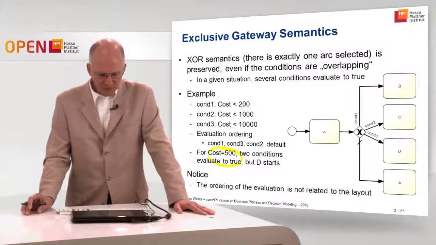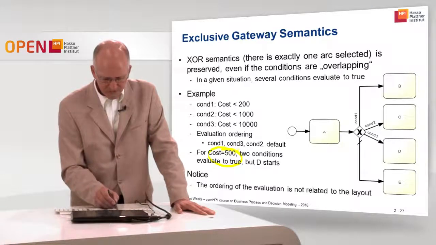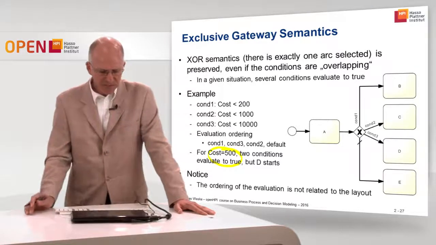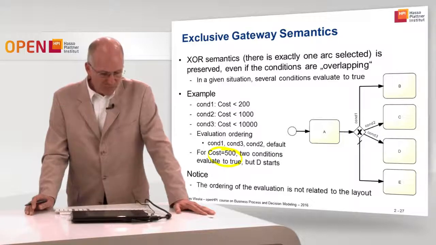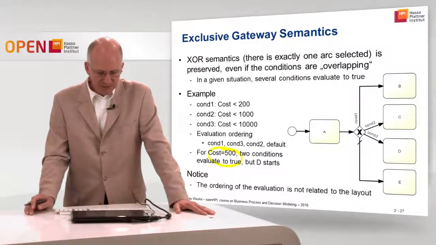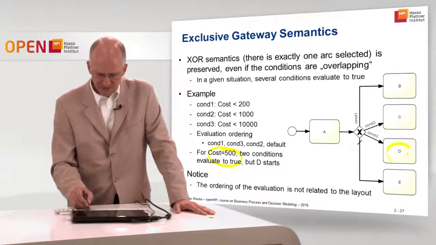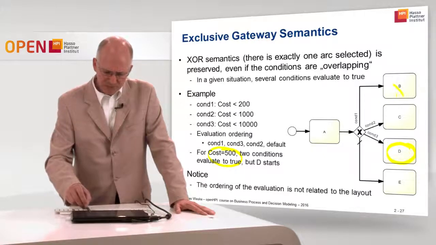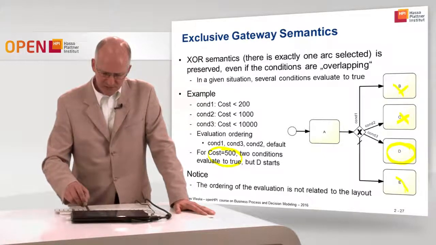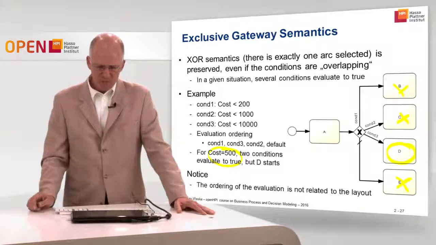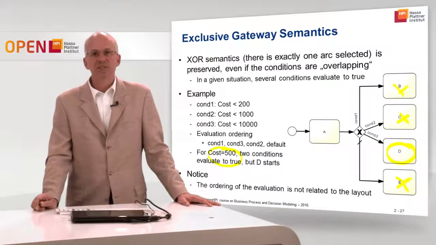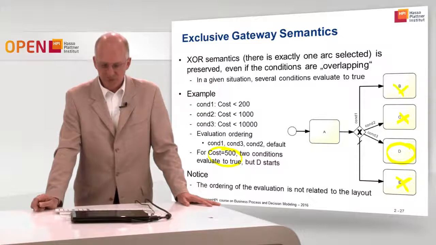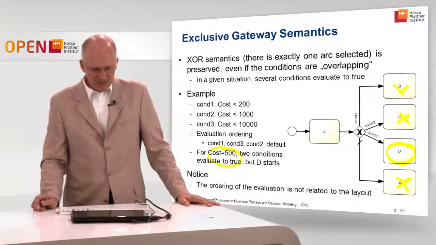Condition 3 is then evaluated, as the order of evaluation tells us. 500 is less than 10,000, yes, so condition 3 evaluates to true, and again D starts. B is not started, C is not started, E is not started. So again the XOR semantics is correct. Exactly one of the outgoing branches is chosen.